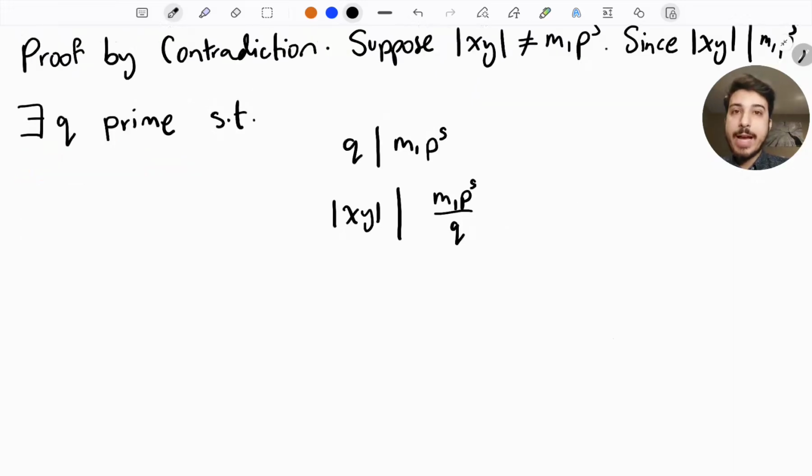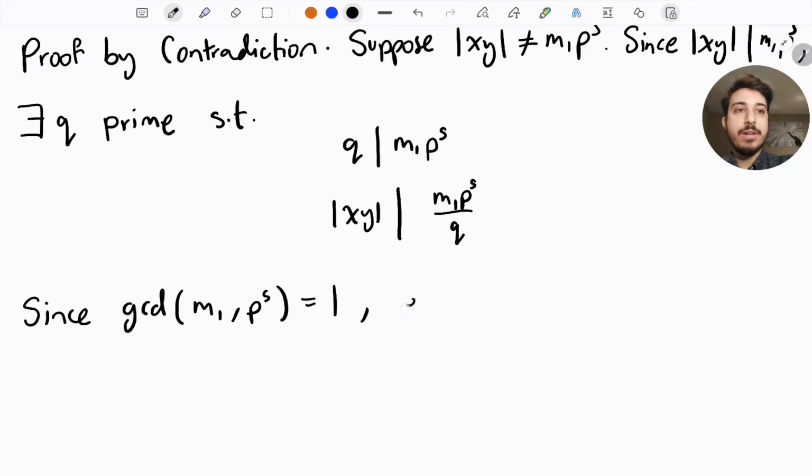So now let us look at the GCD of m1 and p to the s. We know that p is not found in the prime factorization of m1, so we can say that since the GCD of m1 and p to the s is equal to 1, they are coprime, either q, the prime q, divides m1, or q divides p to the s.